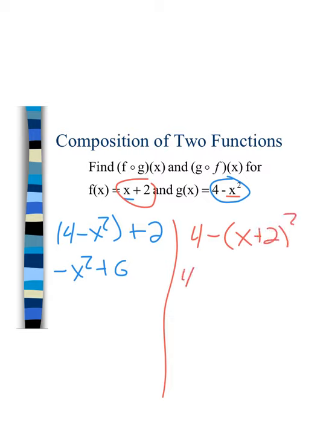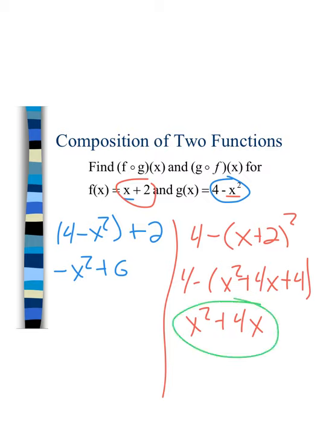All right, when I square that, now we get x squared plus 4x plus 4. And now when I simplify everything, I end up getting x squared plus 4x, and then my 4's will cancel out. So if we compare the two, we can see they're not the same. We had x squared plus 4x, and then we had negative x squared plus 6. So it definitely matters the order of our composition and which one is our inside function.